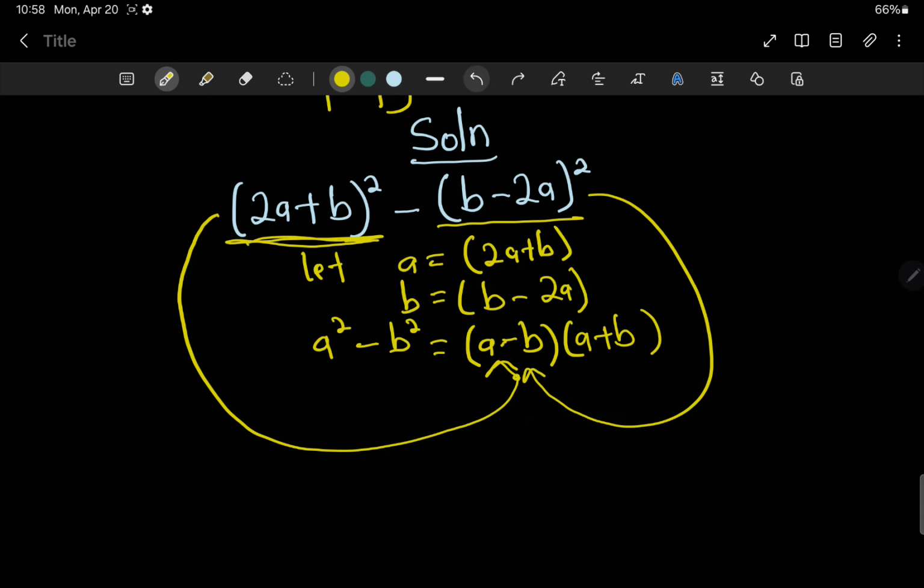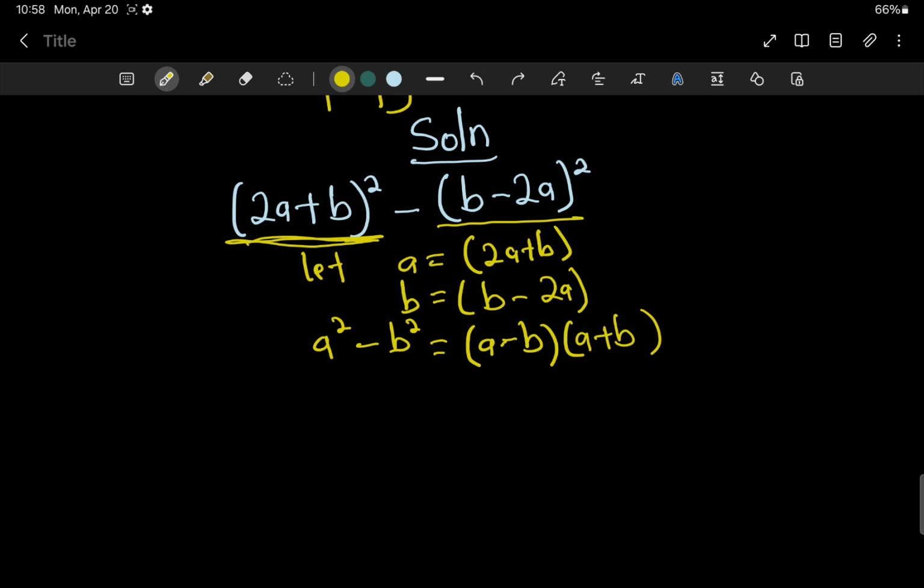Okay, so that being said, let's substitute. We open bracket, we have 2a plus b minus b plus 2a, bracket close.